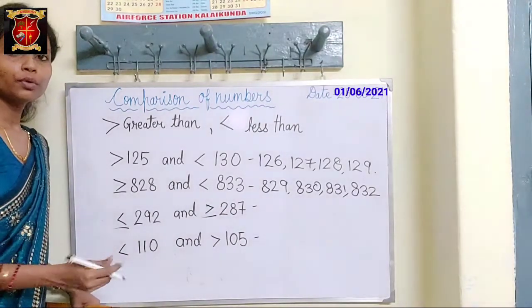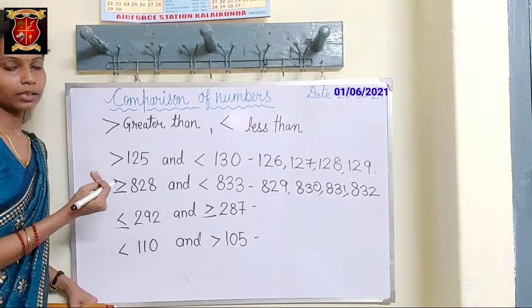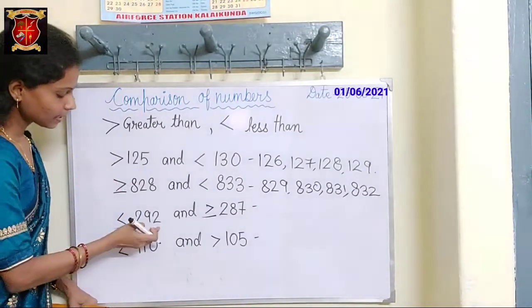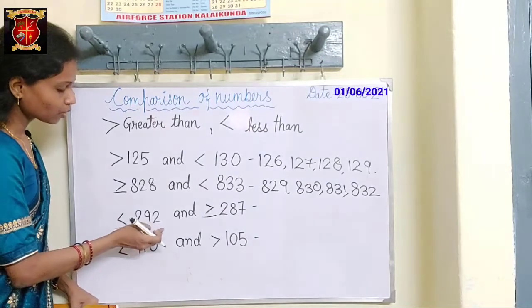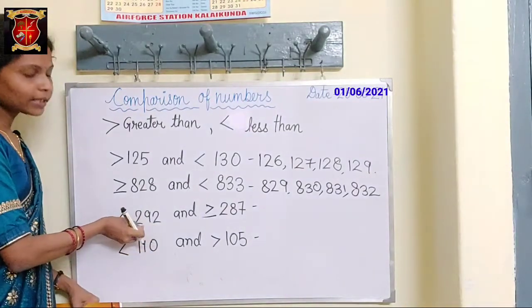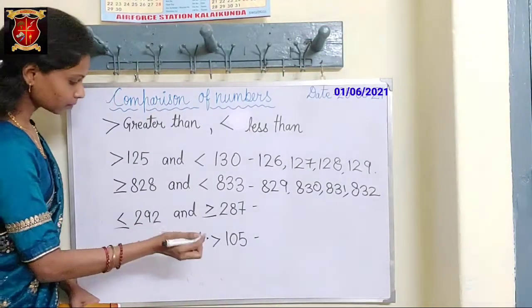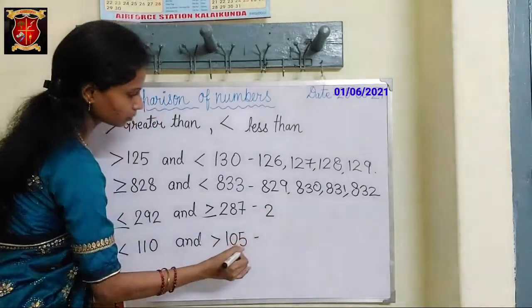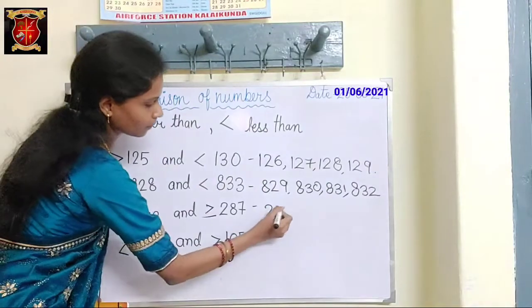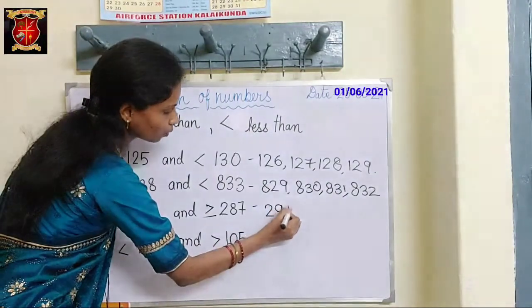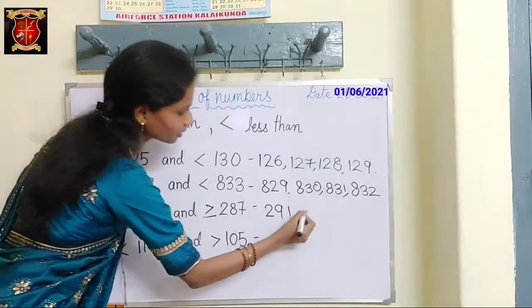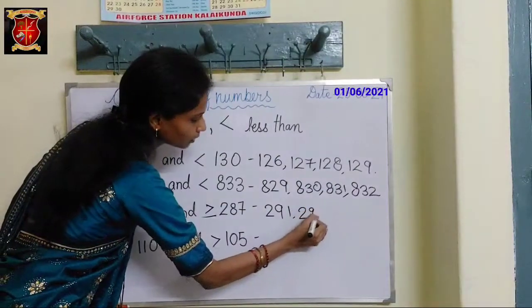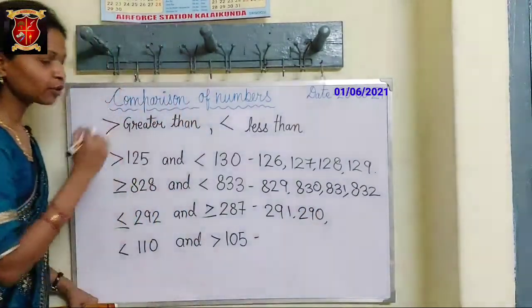So we will do backward counting here. We will write the numbers which are less than 292. So before 292 which number comes? 291. After that 290.